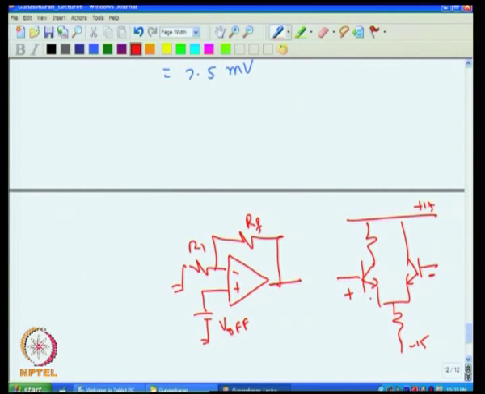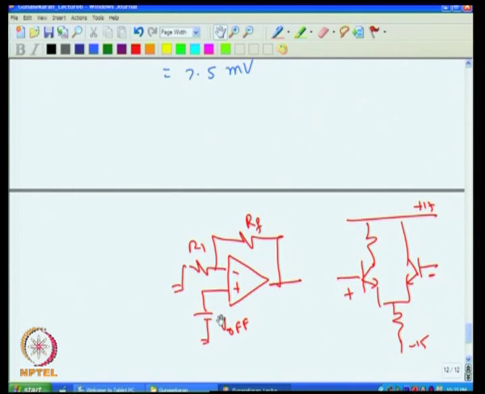The base emitter voltage difference between these two transistors: if both are equal, then the offset voltage is 0, but there is a small difference between the two base emitter voltages, and that is actually what appears as the offset voltage.